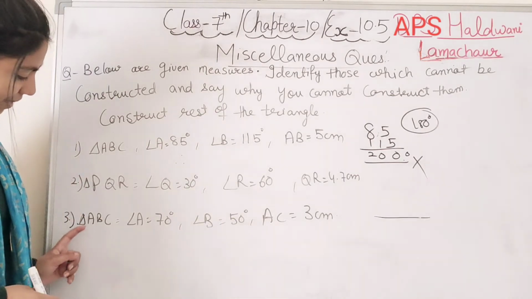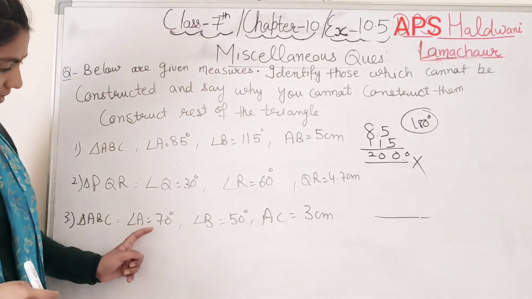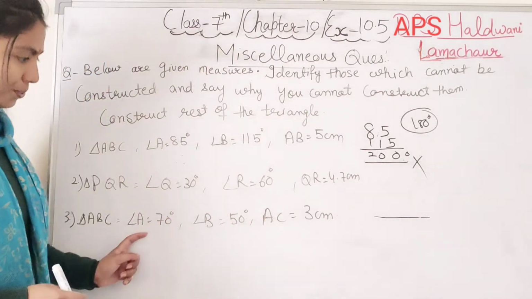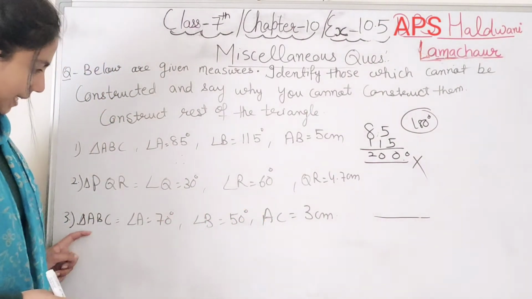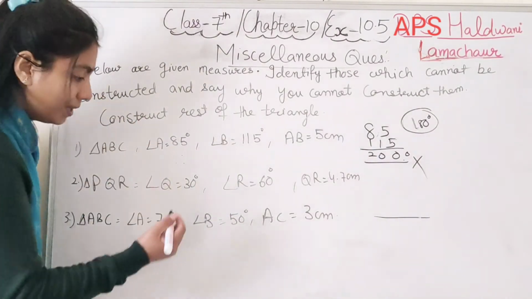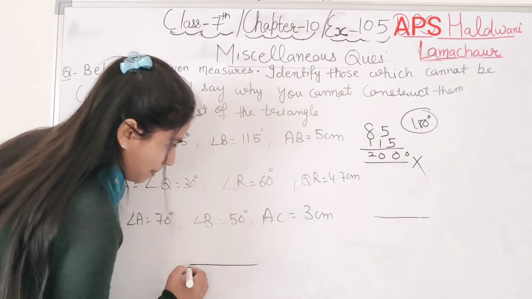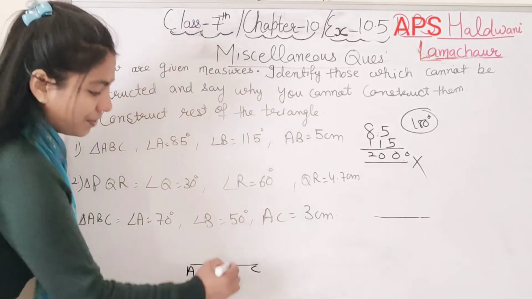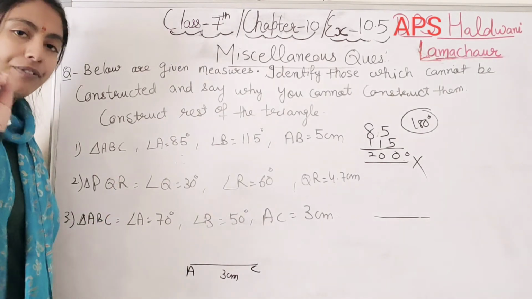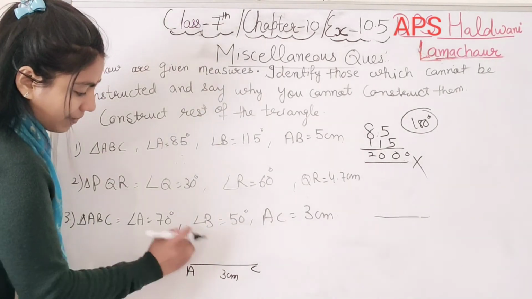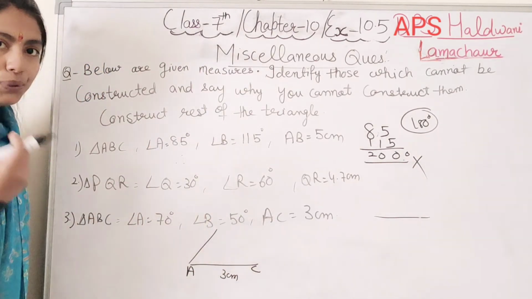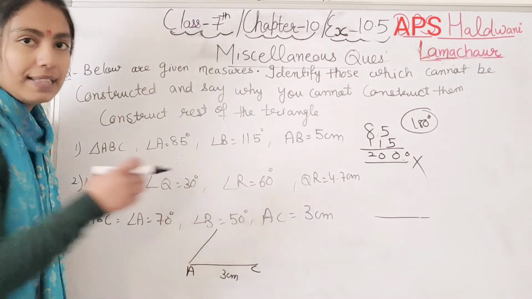Now next, triangle ABC, angle A is 70, angle B is 50, AC is 3 centimeters: 2 angles, 1 length. So AC is given to you, students. This type of question we have done. How? You will take a baseline AC, 3 centimeters. From A, you will make a 70 degree angle with the help of a protractor. So 70 somewhere here, this will be your 70. From C, you don't know the angle and the length is also not given.